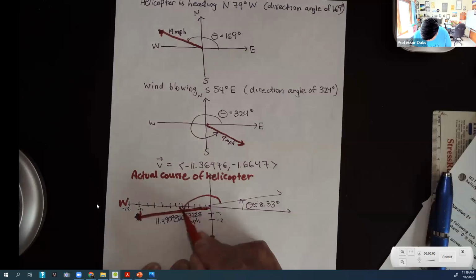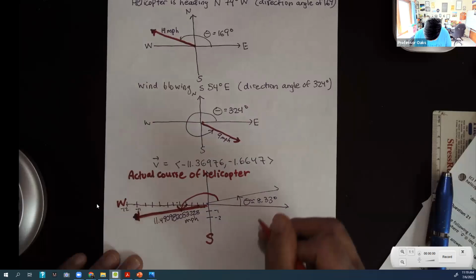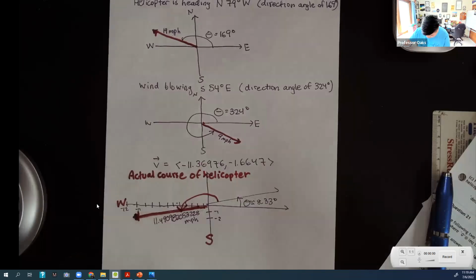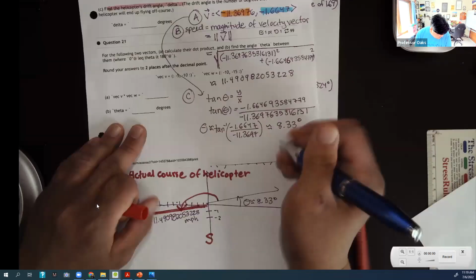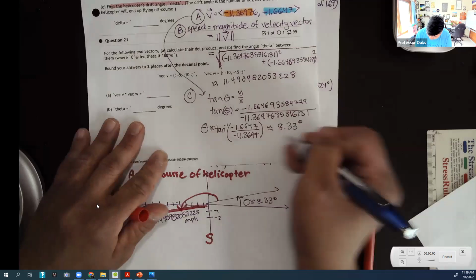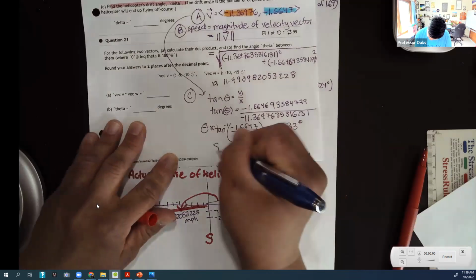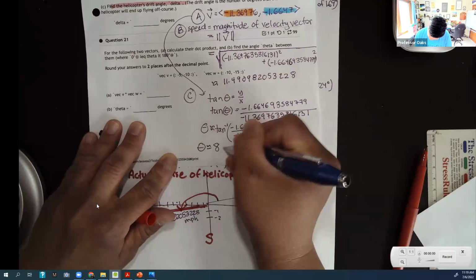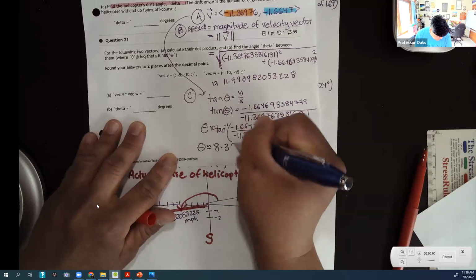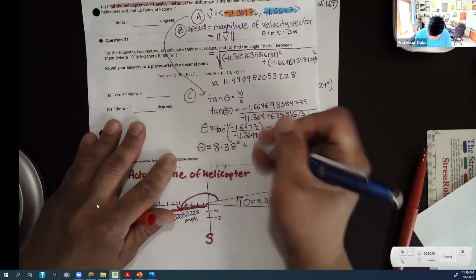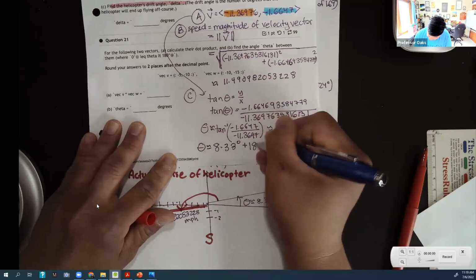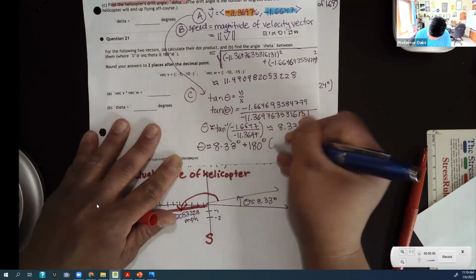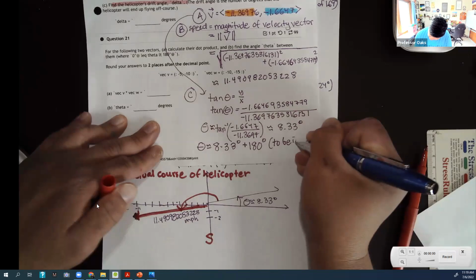So you have to add 8.33 degrees plus 180 degrees to be in quadrant 3.